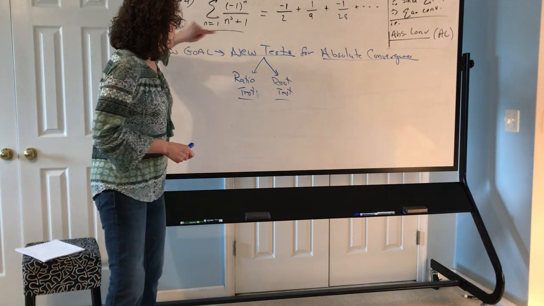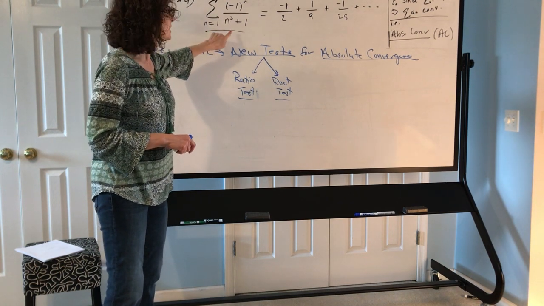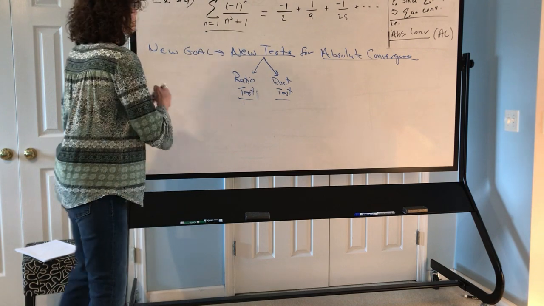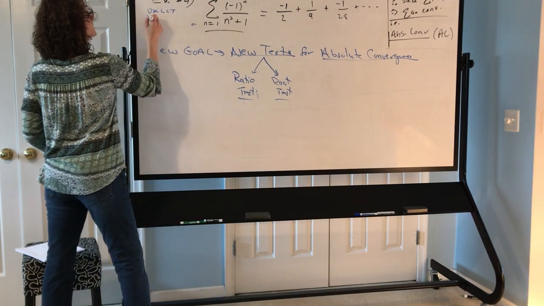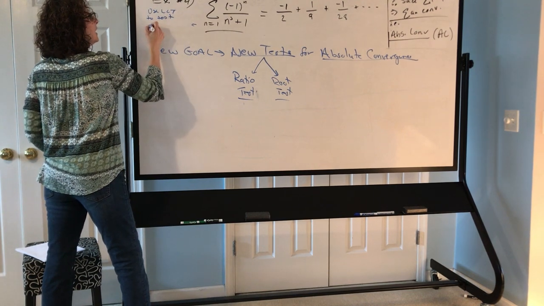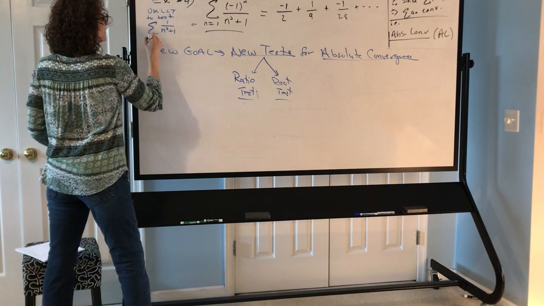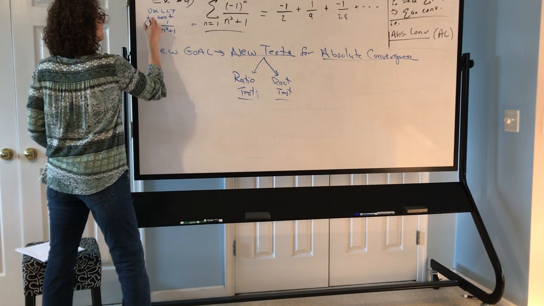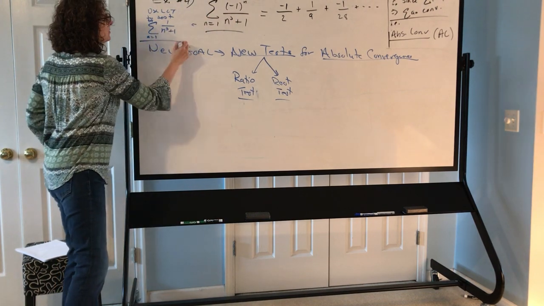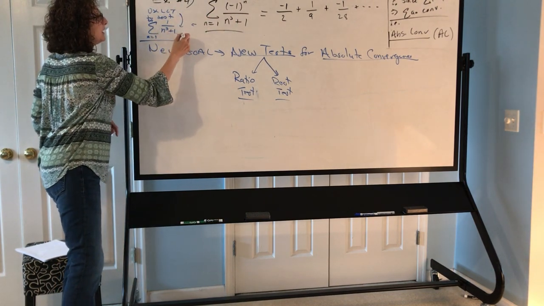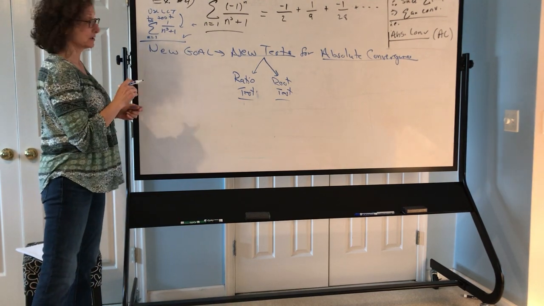For this one, we tested for absolute convergence and we used the limit comparison test on the series of absolute values, which was this guy, basically changing the negatives to positives. And the limit comparison test immediately told us that this guy converged, and therefore we got absolute convergence, right?